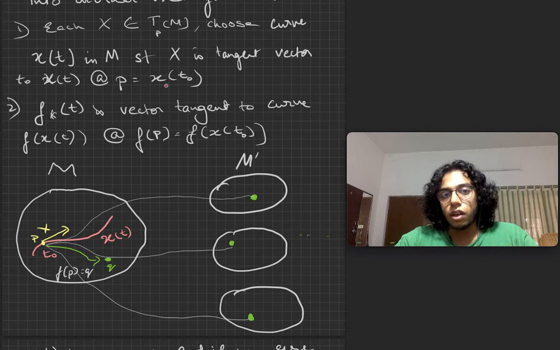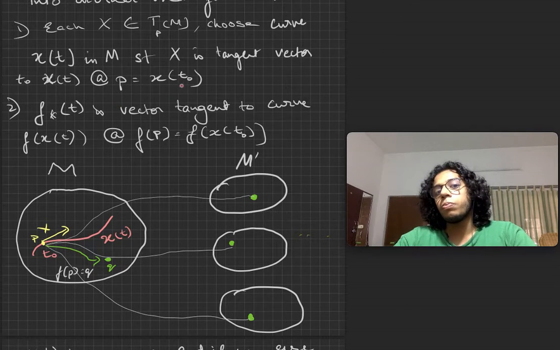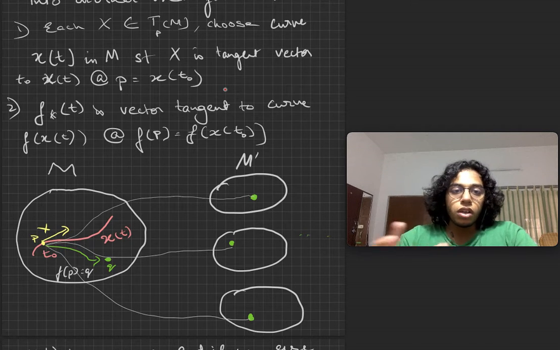That is the same thing. Whenever x is the tangent vector to a curve x of t at t naught, it is the tangent vector at p, so p is equal to x of t naught.